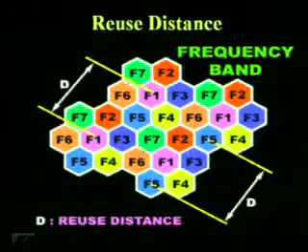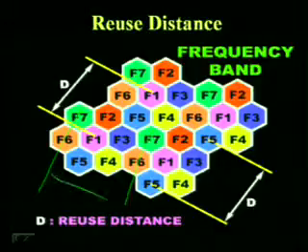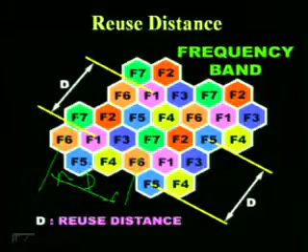So far in this figure, we have taken only F1 or F5. You can choose any two numbers in any direction. The distance between the two cells which have the same number will be a reuse distance. For example, 7 is here and another 7 is here, so this distance is also D. In a similar way, we can take some other one.